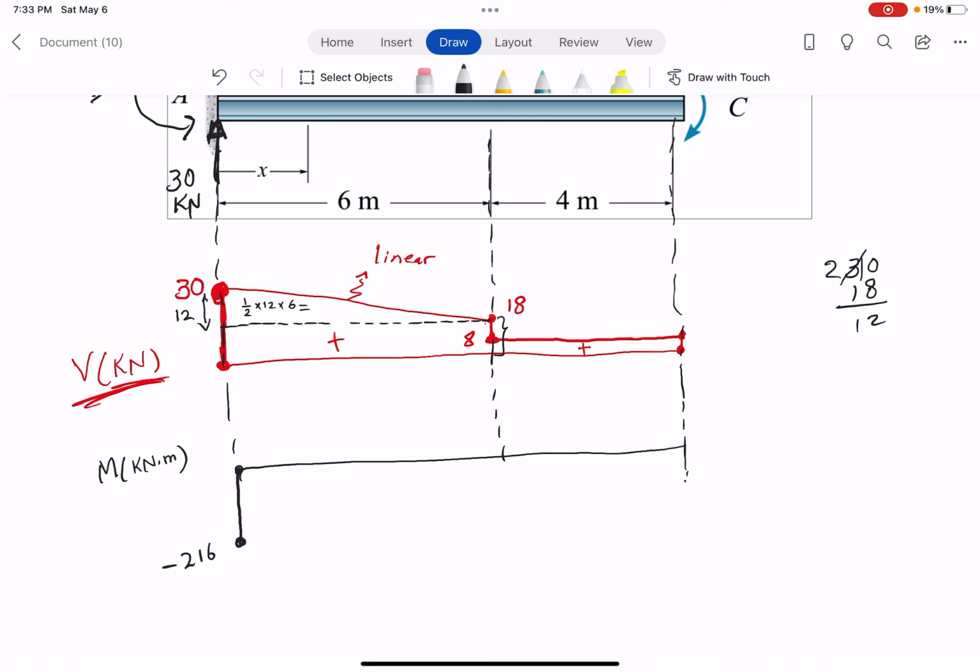So 6 times 6, that's 36, and this is plus. And let's find the other area of the shear.